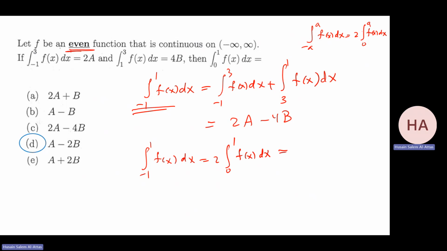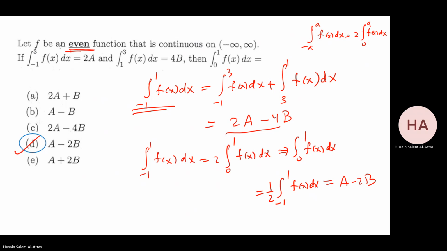In other words, the integral from 0 to 1 will be equal to half this integral, which we already did. So the answer will be a minus 2b, which is this.